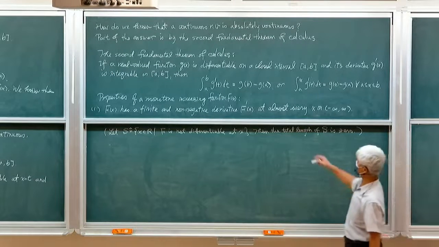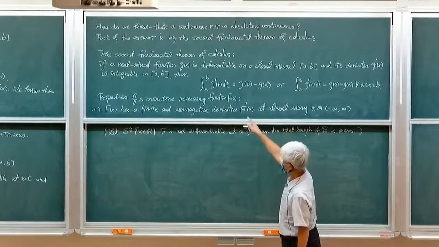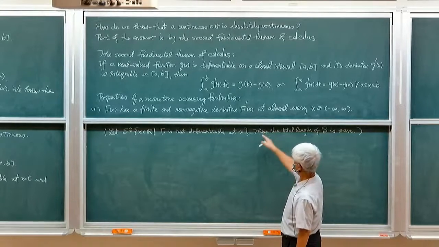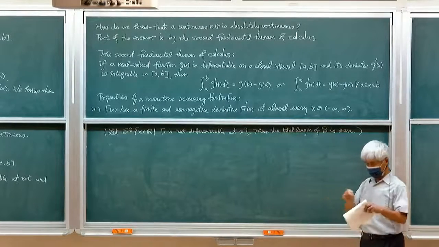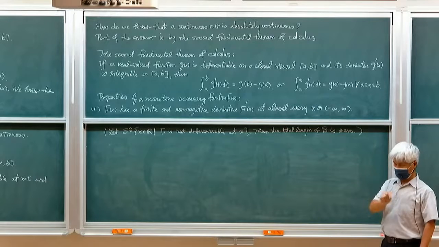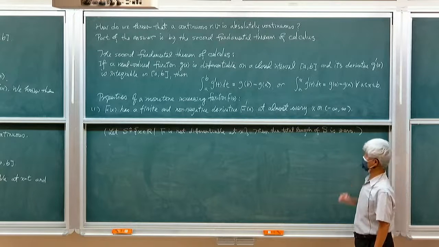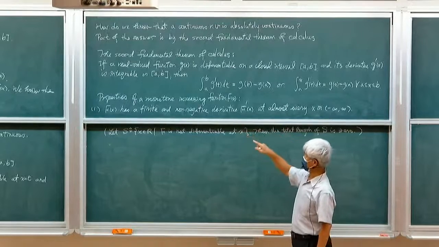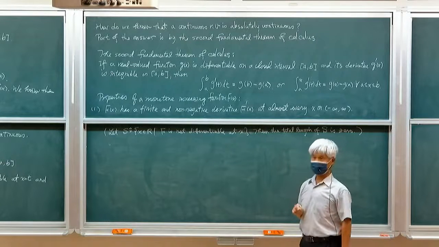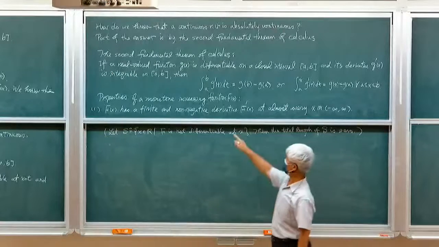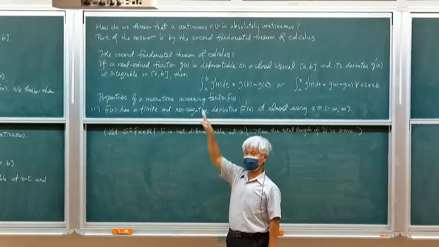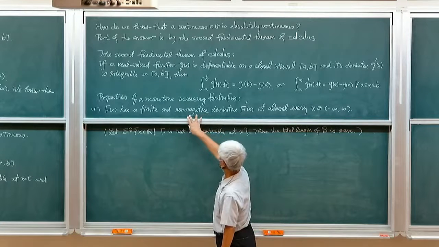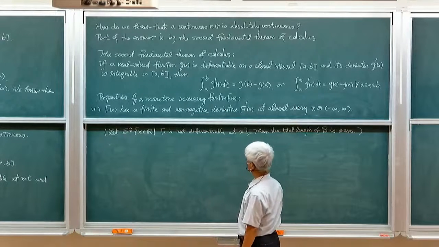That means that f is not differentiable except at some points whose total length is 0, and this monotone increasing function has a finite and non-negative derivative. Non-negative derivative because it's monotone increasing. Okay, so you have a non-negative derivative.